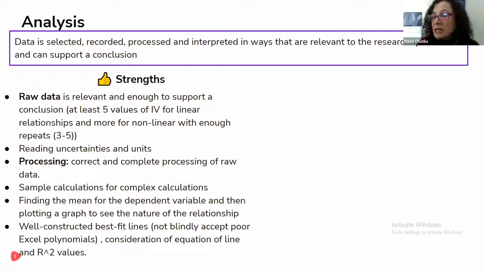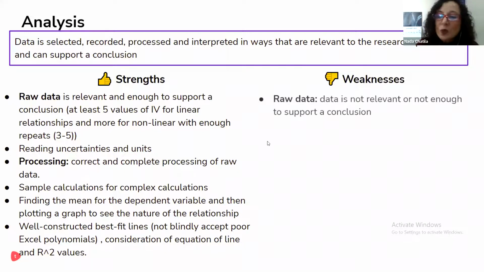Or the students choose blindly the best fit line with the highest correlation R-squared value, whereas it's not the correct accepted relationship in the theory. So extra care should be taken on choosing the best fit lines, and we need to see the equation of this best fit line as well.